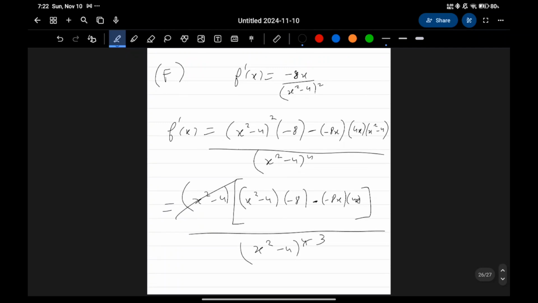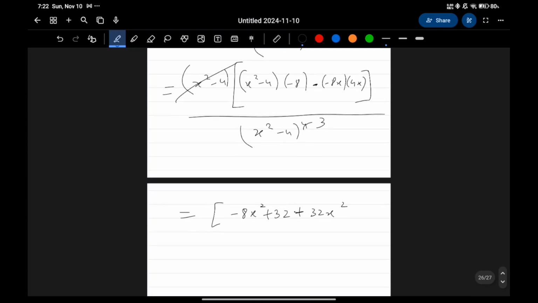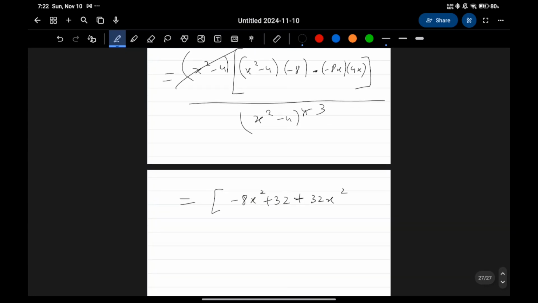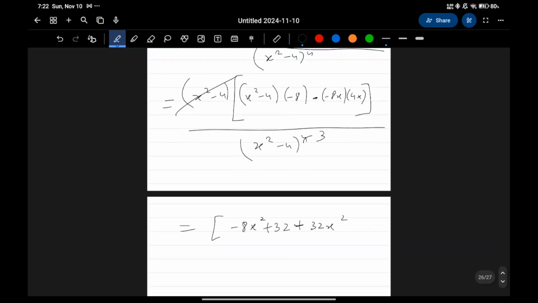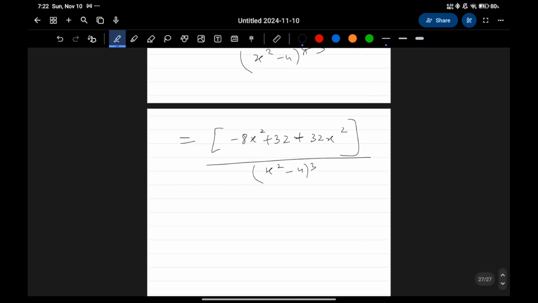Hey, this is 4x squared. Be very careful with your factoring out and everything. Into x squared. Yeah. Over (x squared minus 4) whole cubed. So this would be 32 minus 8 is 24x squared plus 32 over (x squared minus 4) whole cubed.